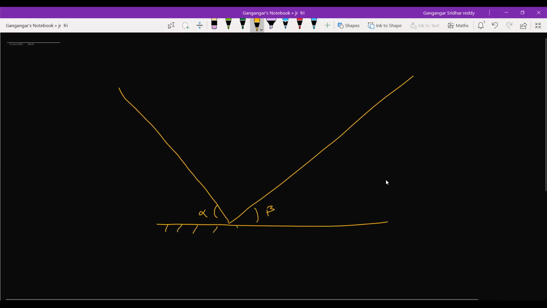So the planes are inclined at an angle alpha and beta. I'll project with a speed at a distance c from one of the inclines. So from point P, I'm projecting it. It will go and strike the other plane normally.